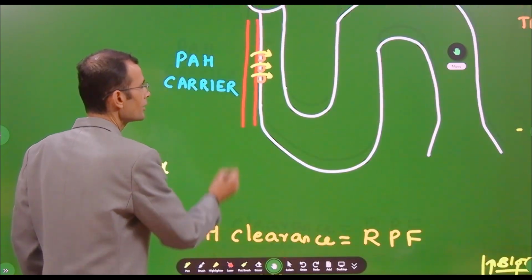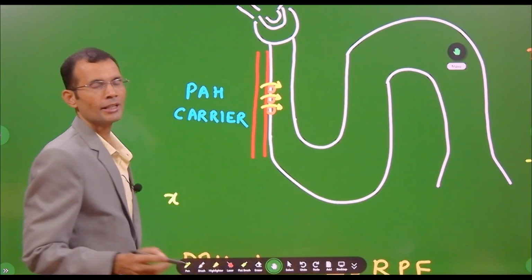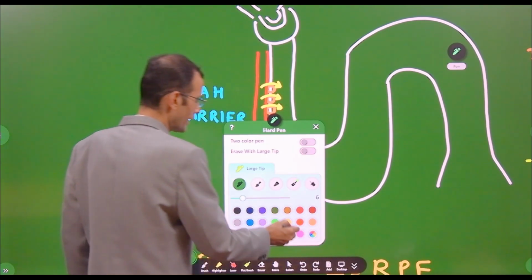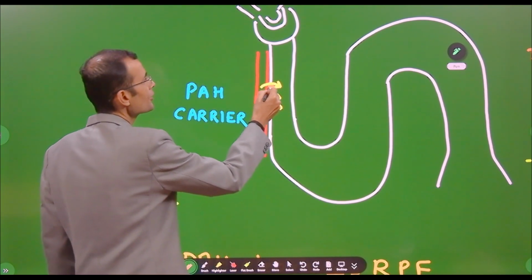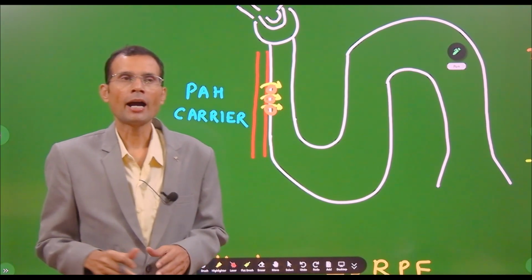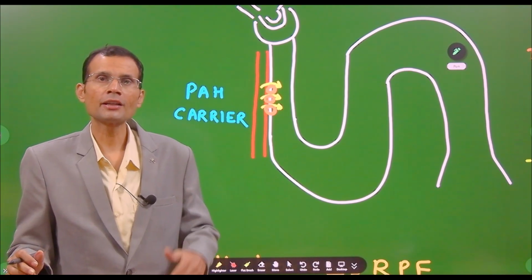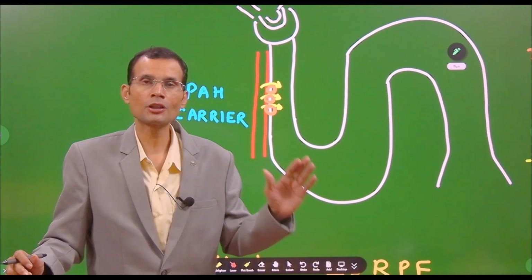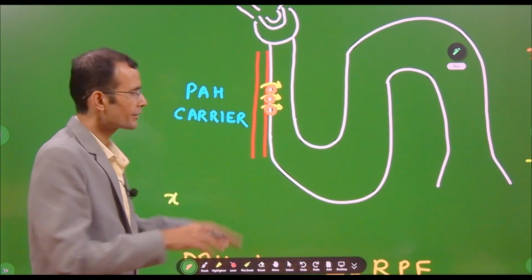Let's understand this, and it will give clarity on facilitated diffusion. The first thing is, the PAH transporters are present in the PCT; organic acid secretory systems, or organic acid transport mechanisms, are present in the PCT.